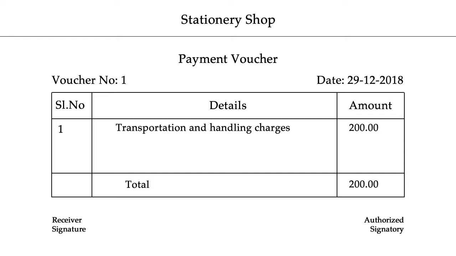Particulars could be the transportation charges with a detailed description of the vehicle number and the driver name, or the one who has collected the payment, etc., and also the amount mentioned as 200 rupees. Usually a payment voucher contains, as it is a payment, the receiver's signature, which is important. So you can take a receiver's signature at the bottom of the payment voucher.